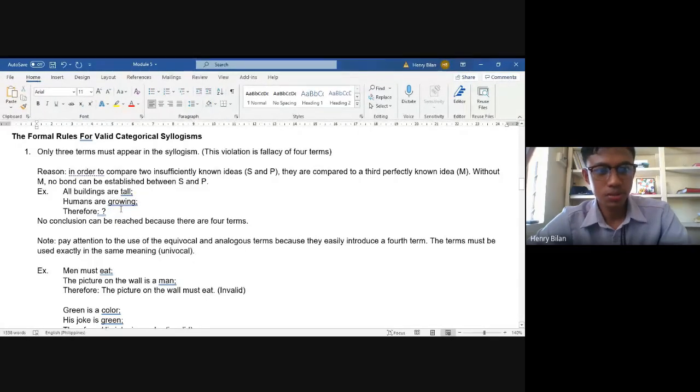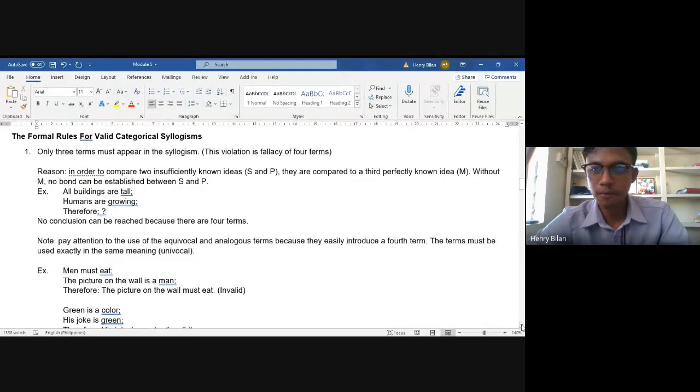So we have 4 terms. That is already a violation of this rule. Hence, without even deducing or inferring the conclusion, this is obviously invalid. In this case, it is easy to determine that it is invalid.